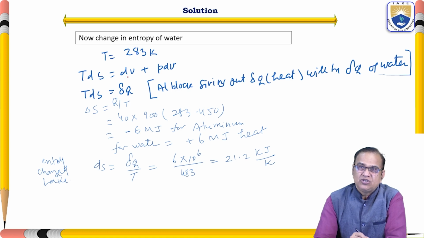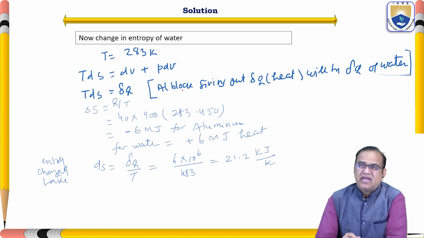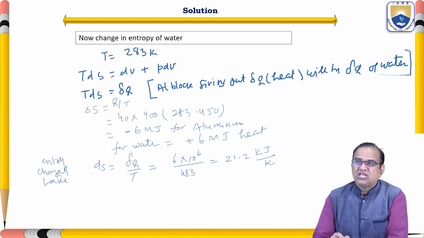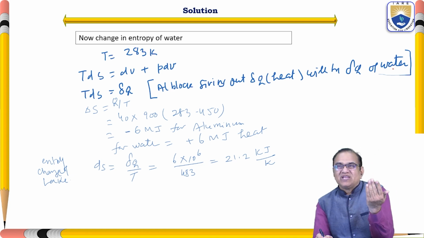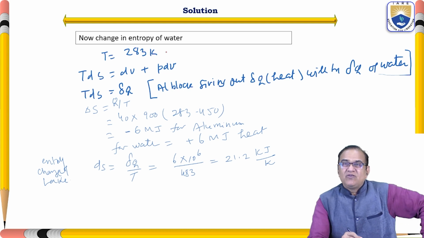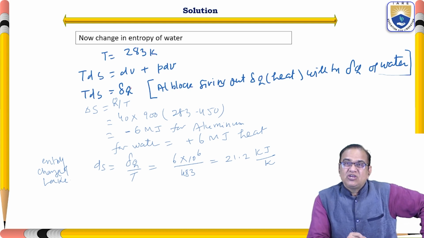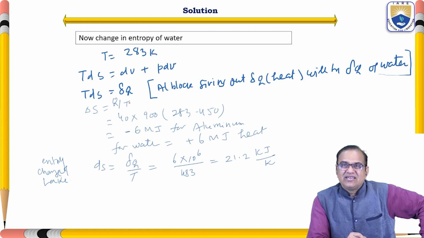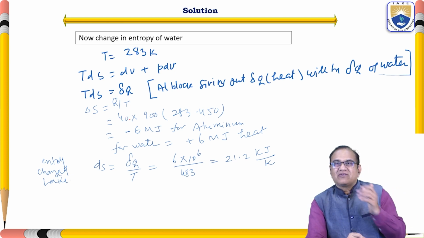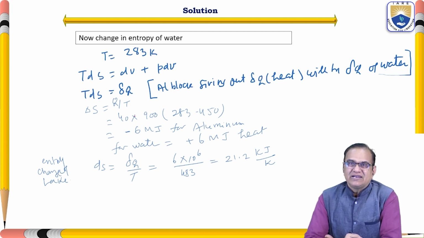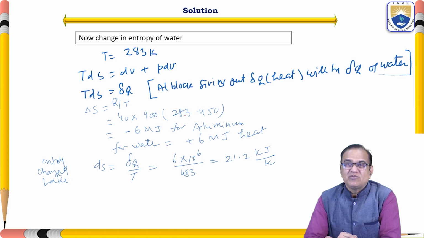So TdS is equal to delQ, so delta S is equal to Q by T. Q is equal to 40 into 900 into (283 minus 450), that is mC (T2 minus T1).